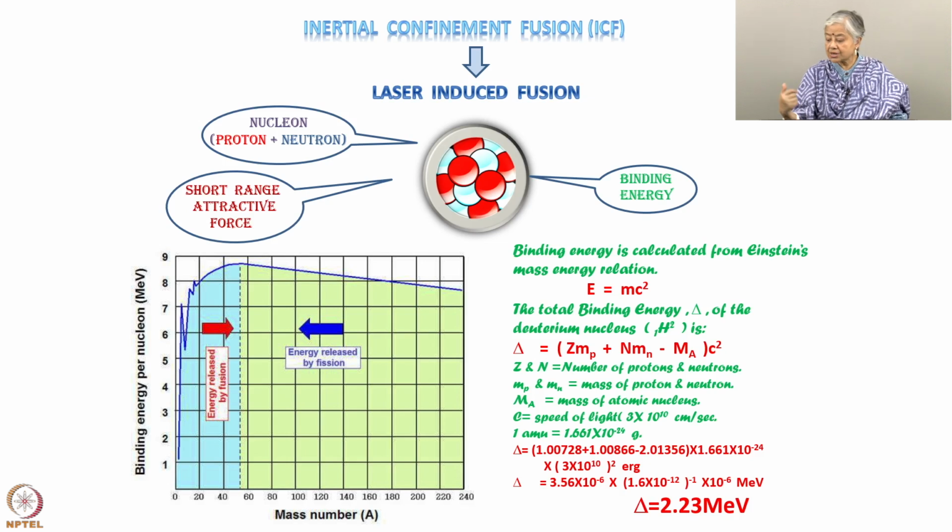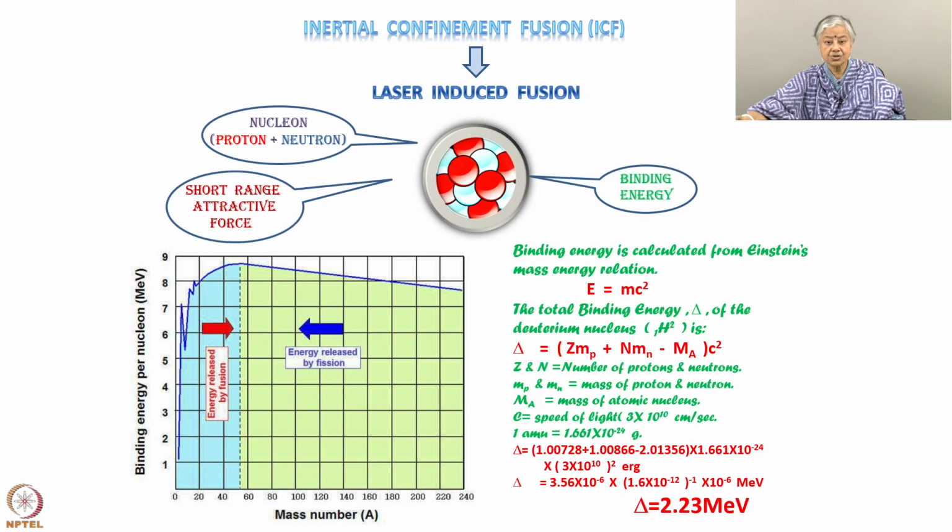So, here let me speak a bit about what I mean by fusion. You have to recollect a little bit of the nuclear physics course that you have taken in order to understand this. It is very simple nuclear physics, nothing fancy, but just recollect some of the terms that you had used in your nuclear physics class.